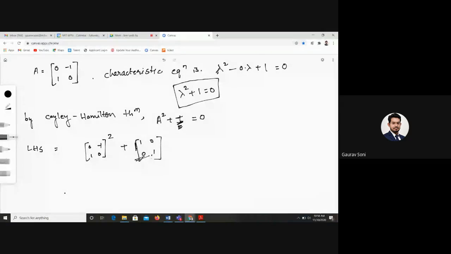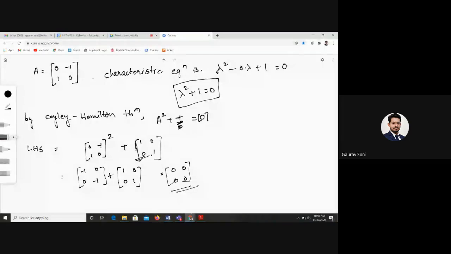So what do we have? We will have minus 1, 0, 0, minus 1, plus 1, 0, 0, 1, and the answer turns out to be 0, 0, 0, 0. So on the right hand side the zero matrix or null matrix.